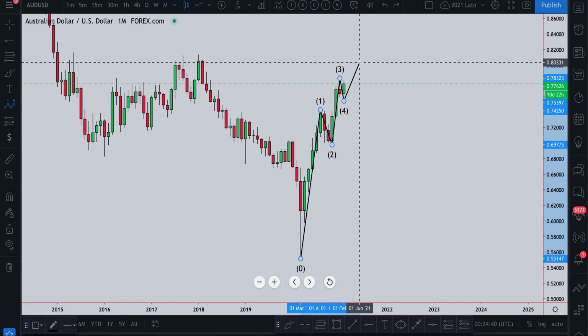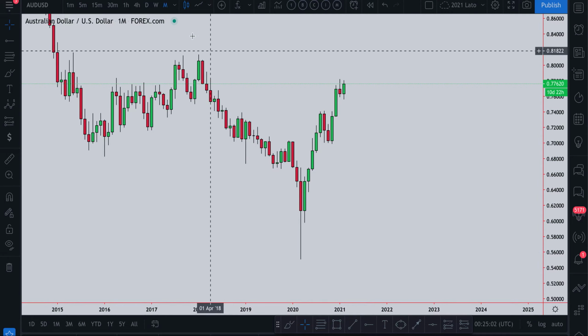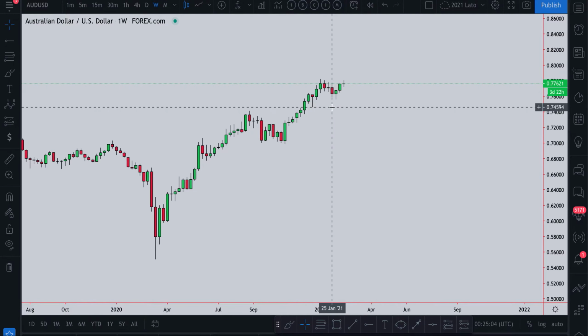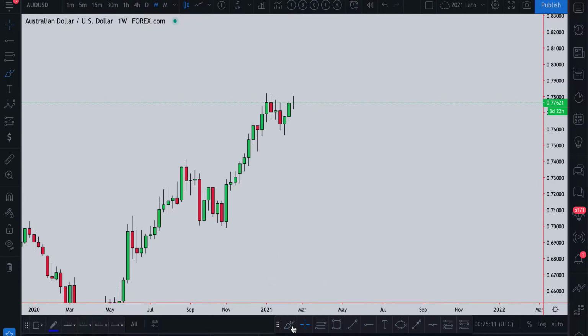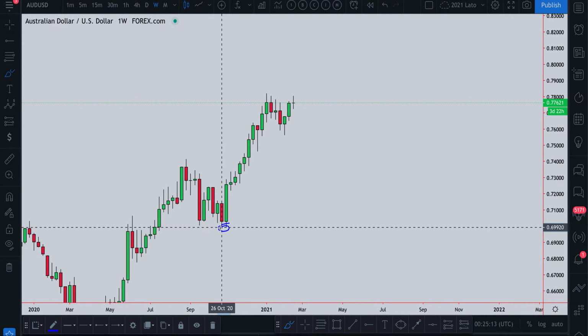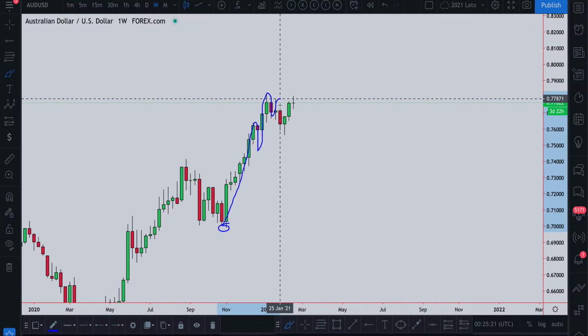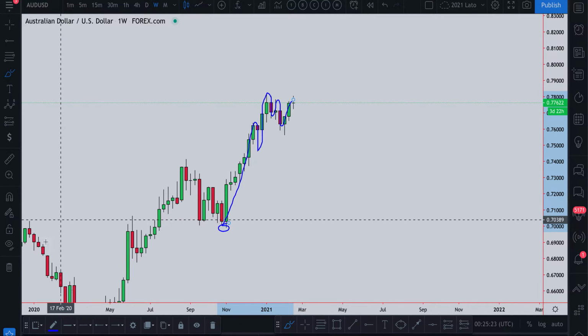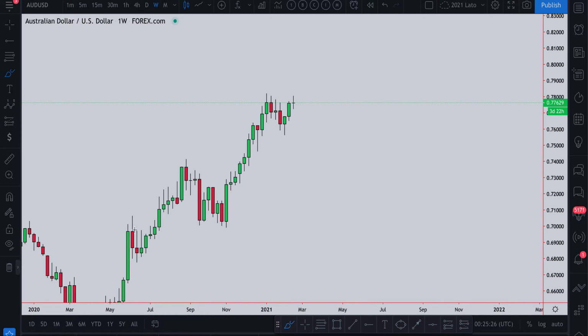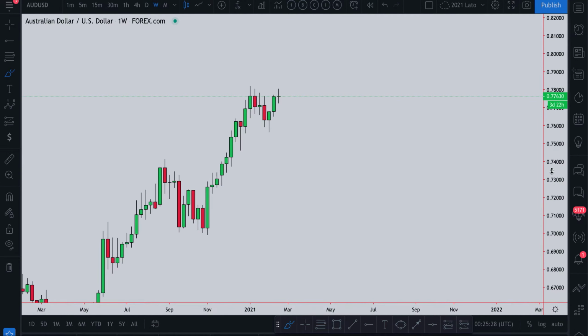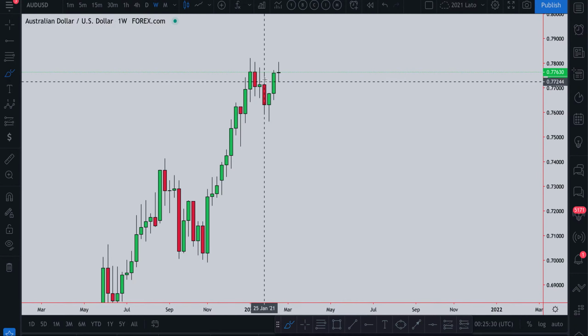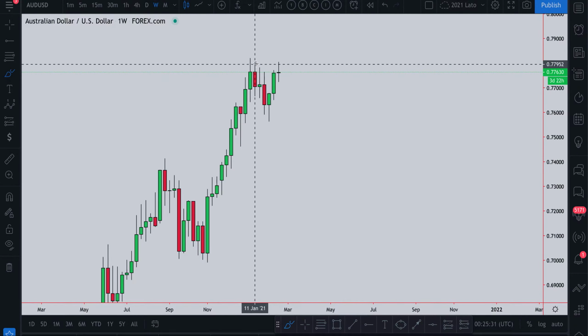Right. Let's delete this one and have a look at the weekly chart to see if we can see something different. Okay, so weekly, here you can see the market started from that place over there. Nice impulse, slight correction, and another continuation, and here you can see the sideways movement. If I talk about the weekly view, it looks like it has massively rejected from that level over there.